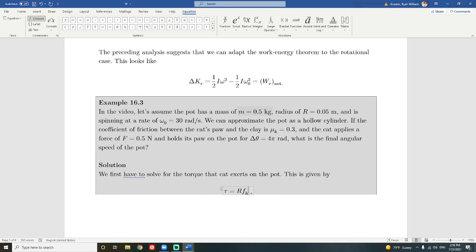Because remember, torque is the distance from the axis of rotation to the point of application of the force, and the distance is R. The force being applied is a kinetic friction force, and so we could write this as R times mu sub k F, where F is the force that the cat applies on the pot and also that the pot applies on the cat. And then we could write that this is just mu sub k R F. So that's our torque, and it's the only torque in this example.